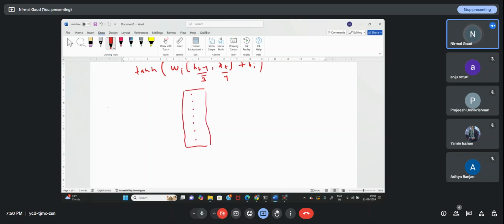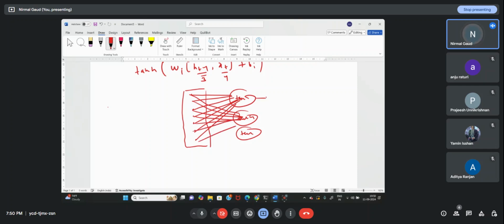After taking 7, take 3 tanh neurons, and again it is an every-to-every connection. Same here also, just as you did with the sigmoid. So every-to-every connection.